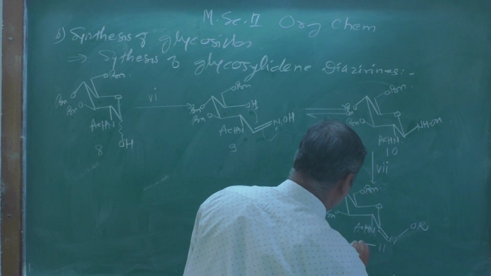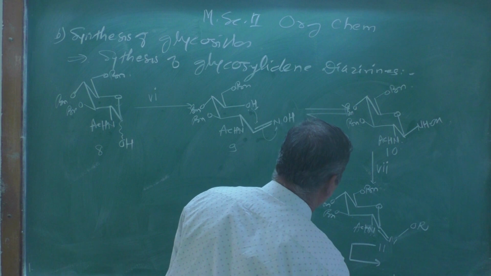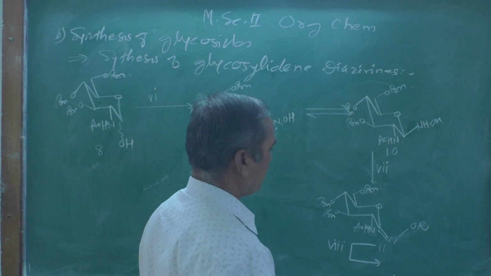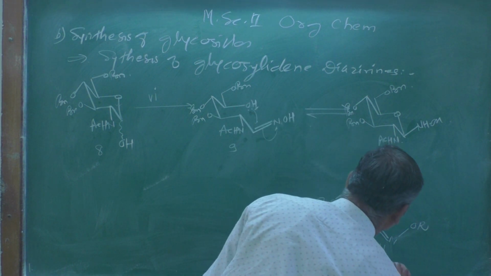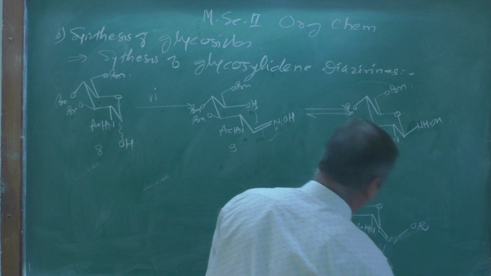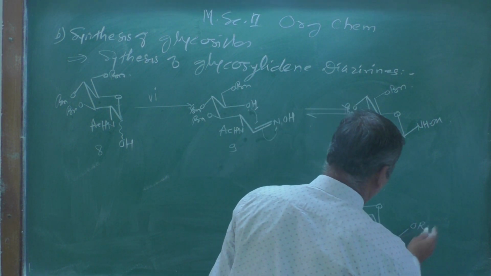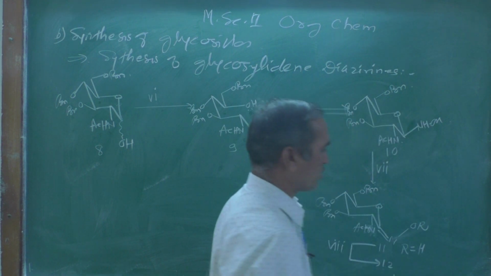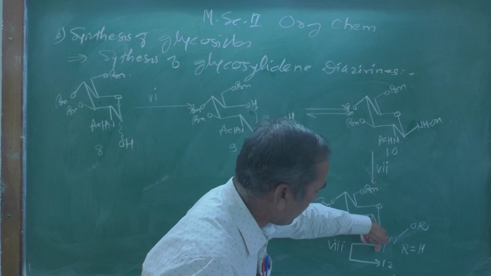Now this structure number 11, when it is treated with the reagent number 8, will give the structure number 12 over here. And what will be the nature of R? If you consider R is equal to a hydrogen atom, that will be the structure number 11.